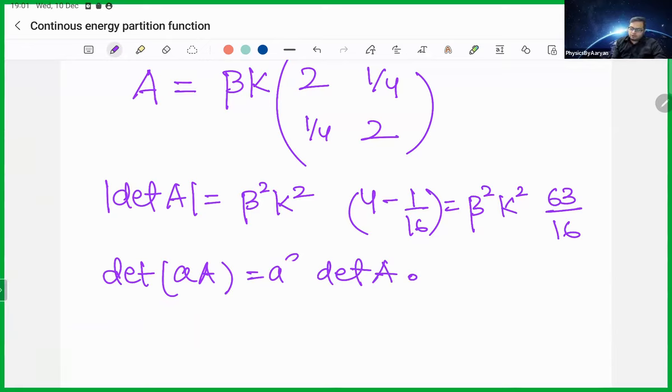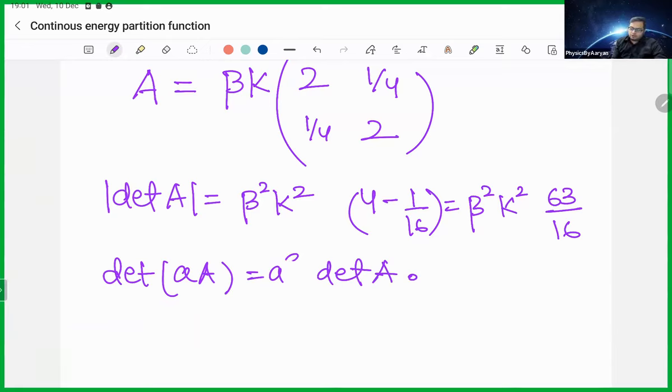It means if your spin is aligned with the magnetic field, then the angle matters. Basically, mu naught H can be written as minus mu H cos theta. If both are parallel, theta is 0, and cos 0 is 1, so energy is minus mu H. But if both are opposite, then theta is 180 degrees and cos 180 degrees is minus 1, minus minus cancels, and your energy is mu H. So your spin half particle, in the presence of magnetic field, can take two energies. Until you apply a magnetic field, it is sitting peacefully.